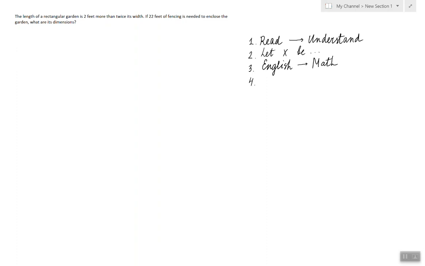The goal is to find a way to relate the unknown quantities and known quantities, and we want to find the relation in the form of the equation. So step 4 is to set up an equation.